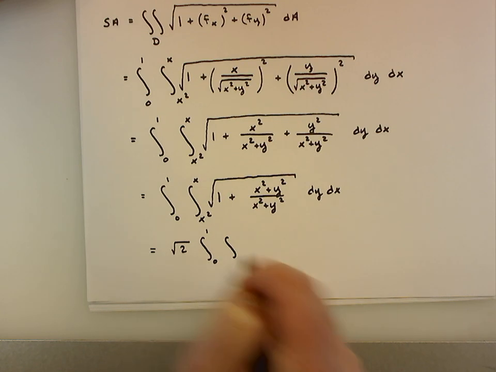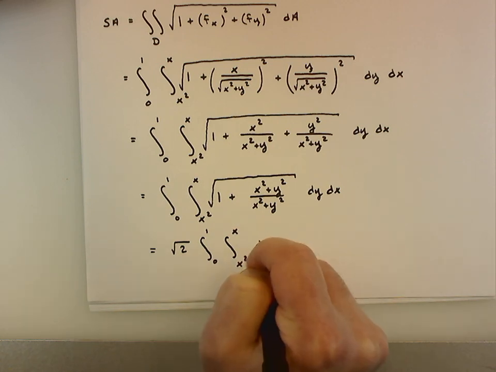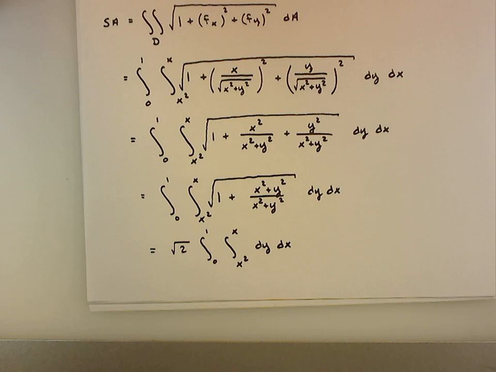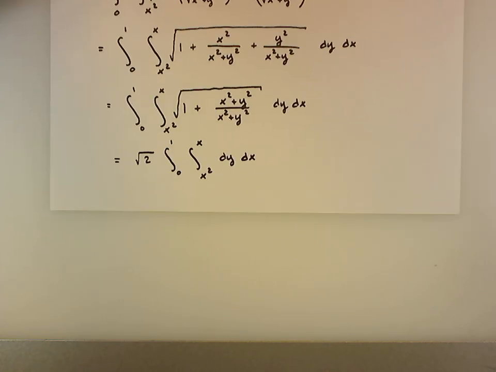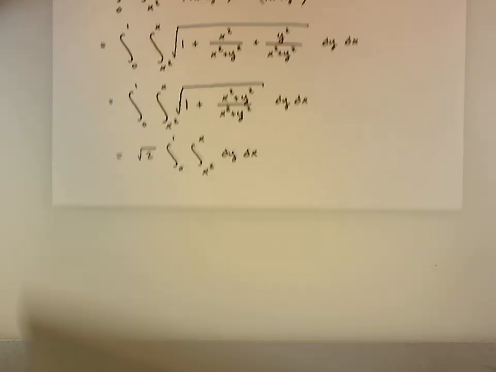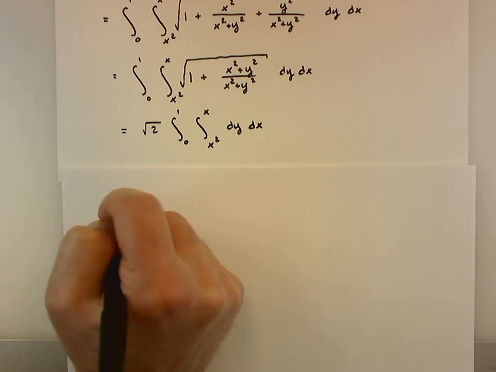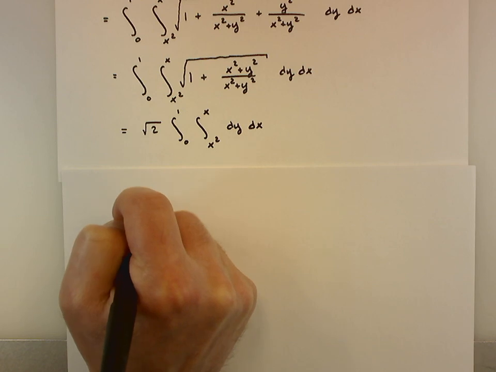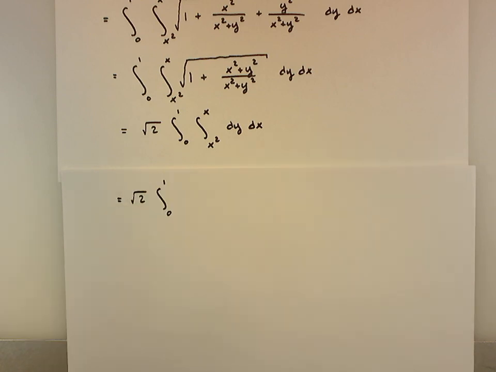I'm integrating from 0 to 1, and then from x squared to x of dy dx, which is equal to root 2 multiplied by the integral from 0 to 1.